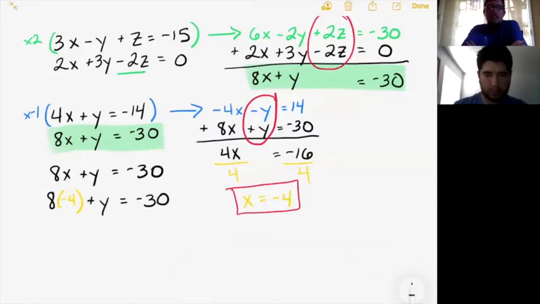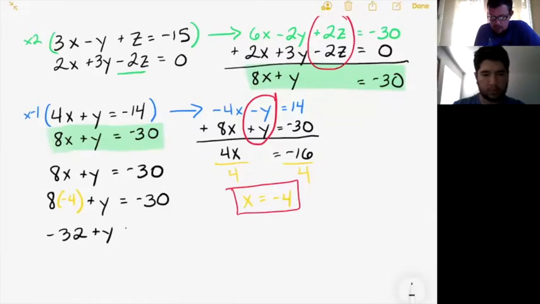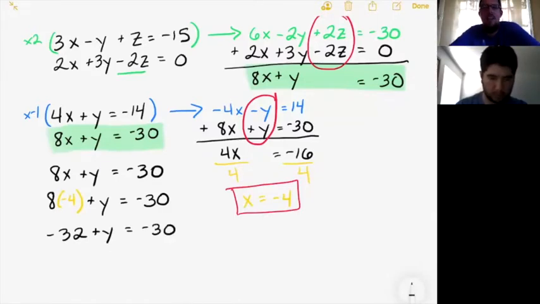I'm really just a couple of steps away from knowing the value of y. What should I do first in this problem? Multiply 8 by -4. Yeah, great. I should do the 8 times the -4. Good idea. So -32 plus y equals -30. And then you would add 32 to the -30. Great job. Add 32 on both sides.